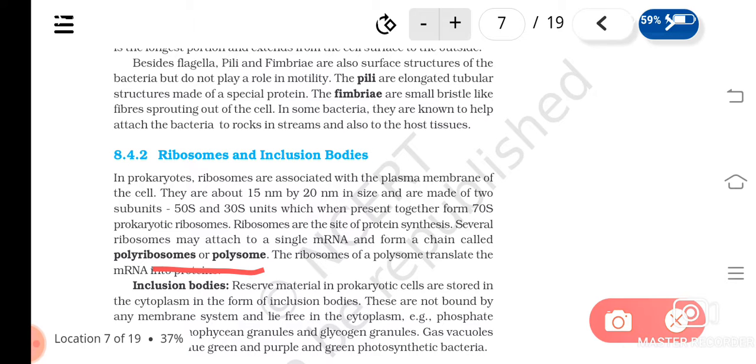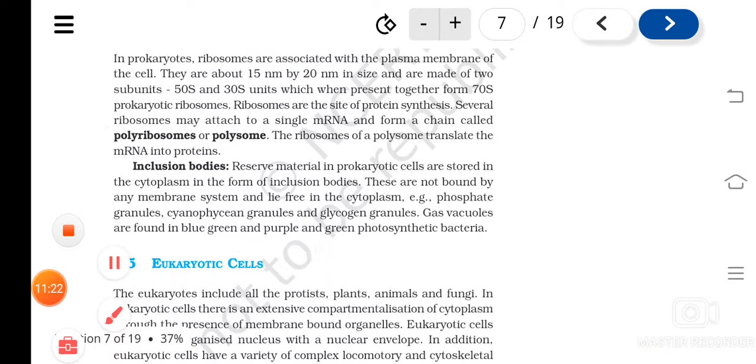So then next, what are the inclusion bodies? Inclusion, so the various food materials are stored. Reserve food materials in prokaryotes are stored in the cytoplasm in the form of certain inclusion bodies, and you cannot see any membrane that covers these, and they are seen freely floating in the cytoplasm.